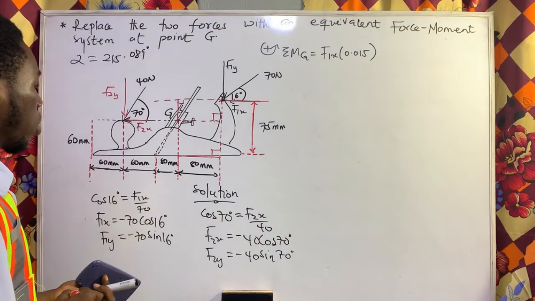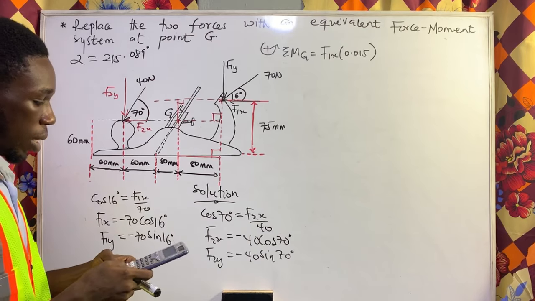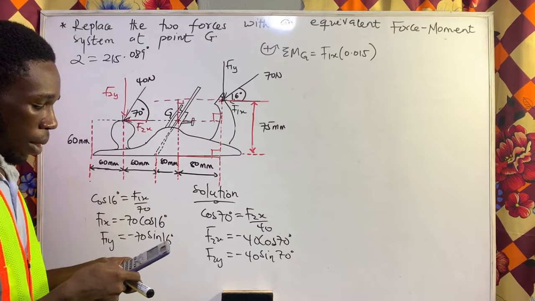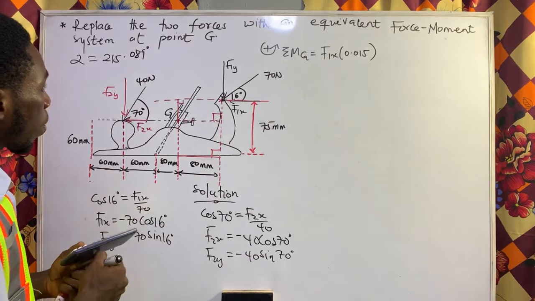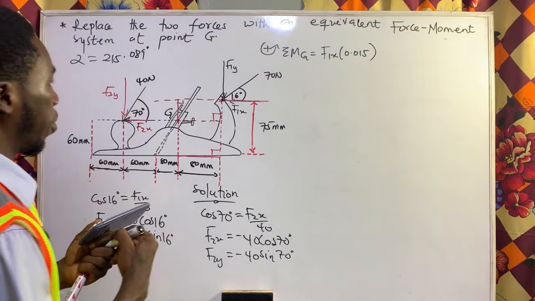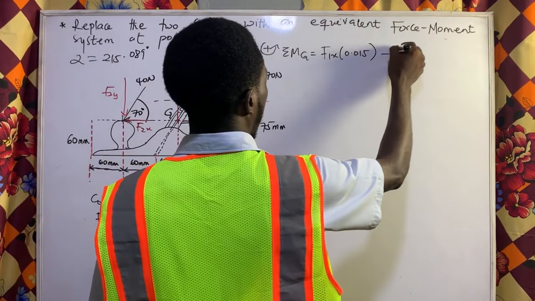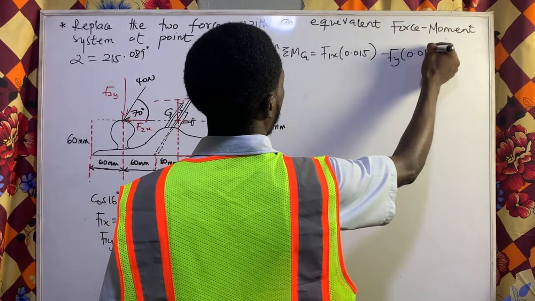It's all the same: this is 80 mm. Let's change it to meters: 80 times 10 to the power minus 3 gives us 0.08. This force is going to cause a clockwise moment, so that is negative. That will be minus F1y multiplying 0.08.